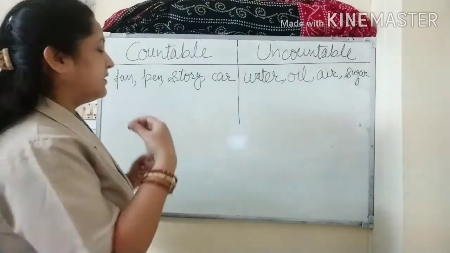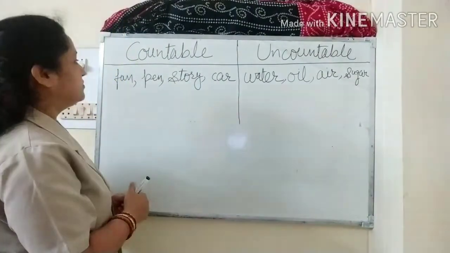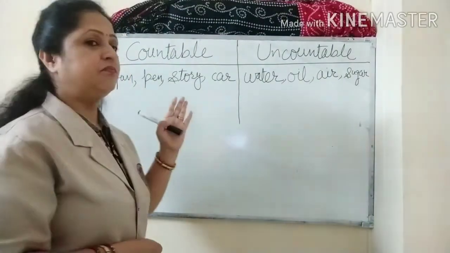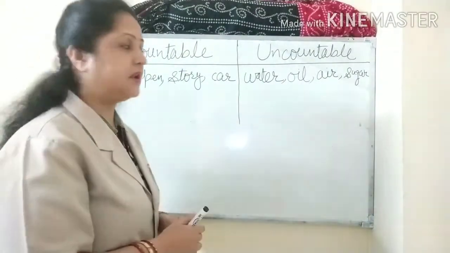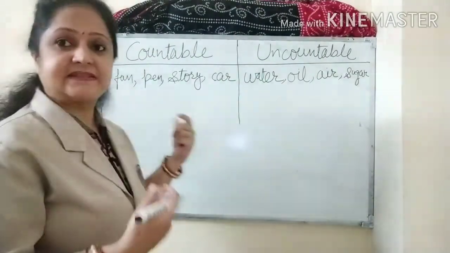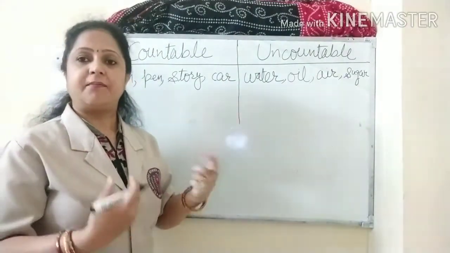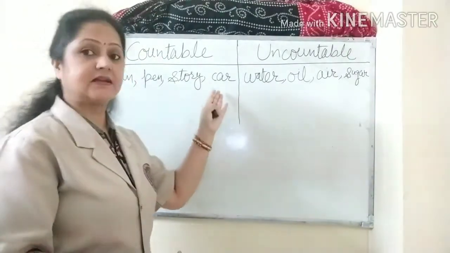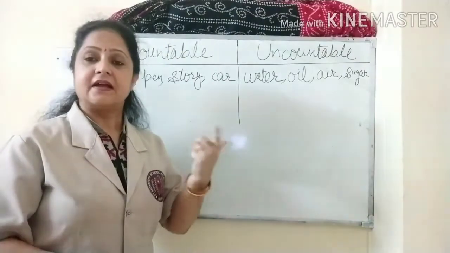Next, we generally use a, an or plurals with our countable nouns. Like we can say a fan, a pen, an umbrella, and here stories, cars. All these are countable nouns.